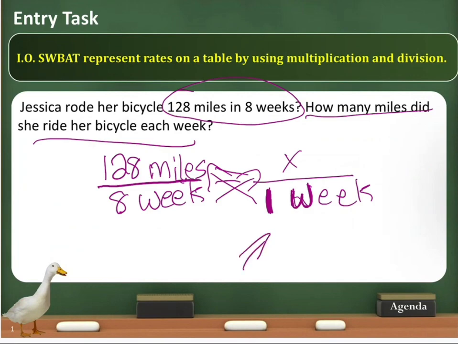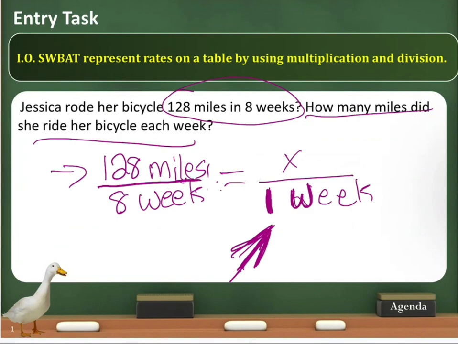We're talking about unit rates. And in our last class, we actually talked about how a unit rate is a rate with a 1 in the denominator. It's per or for 1 of something, right? So if we have a 1 in the denominator of our proportion, then we can just divide this numerator by the denominator.